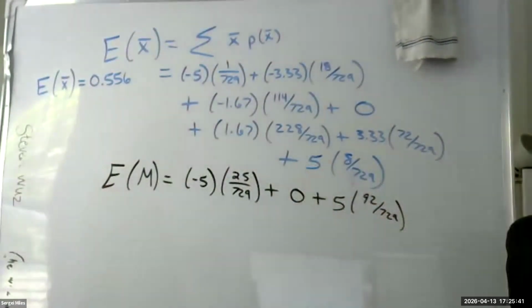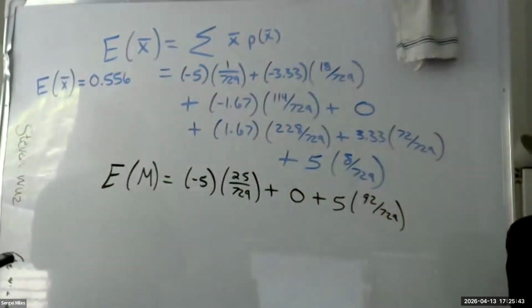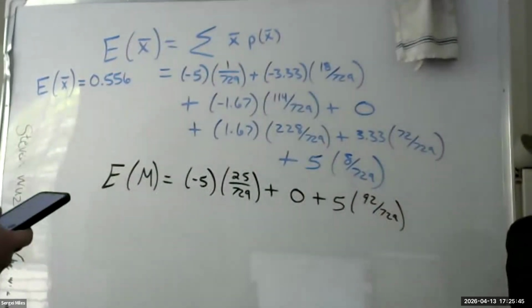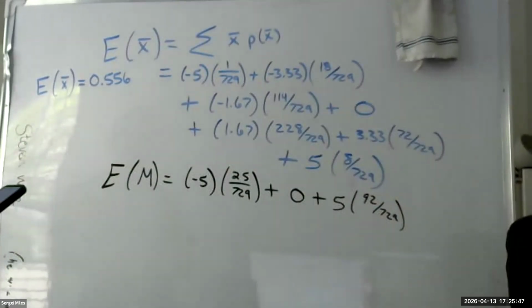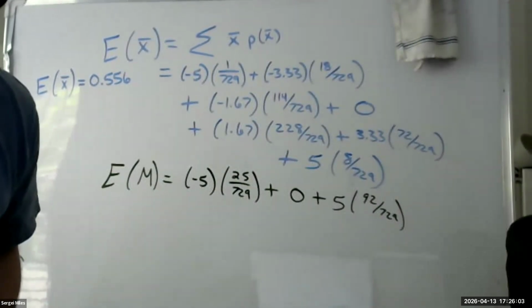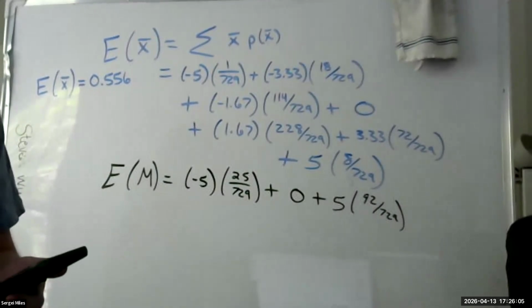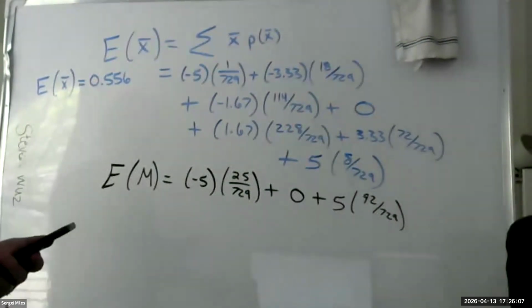All right. We go to the calculator again. I have -5 times 25 divided by 729 plus 5 times 92 over 729. I am getting an answer here of 0.460.